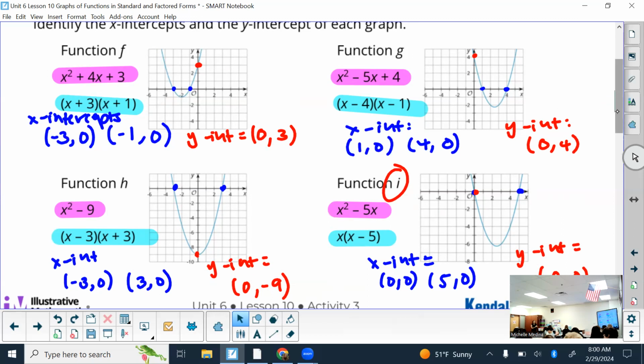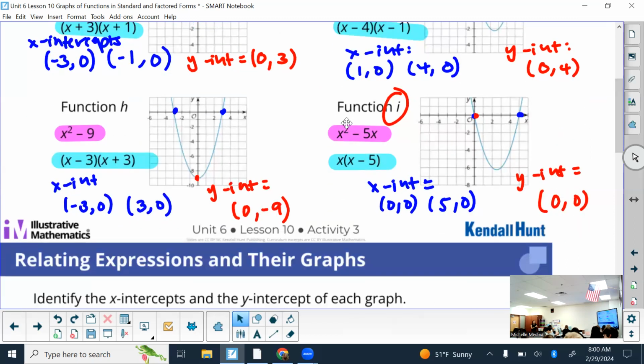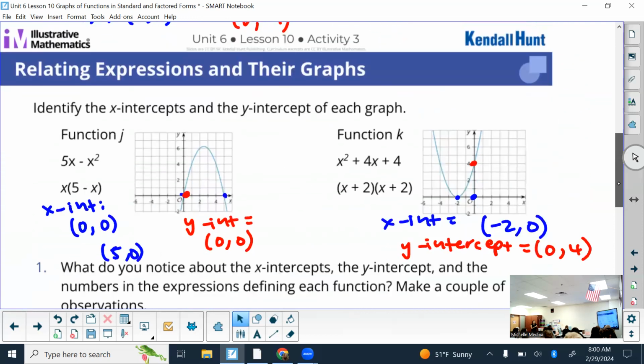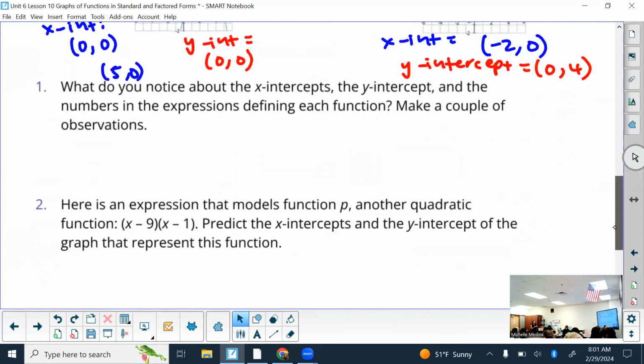What happens when our y-intercept is 0? What do we notice about those equations? There's not that single number that's there. Right? So just some things to notice. You can jot down those observations if you like.